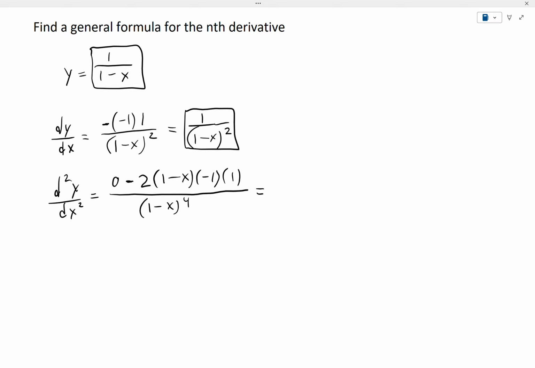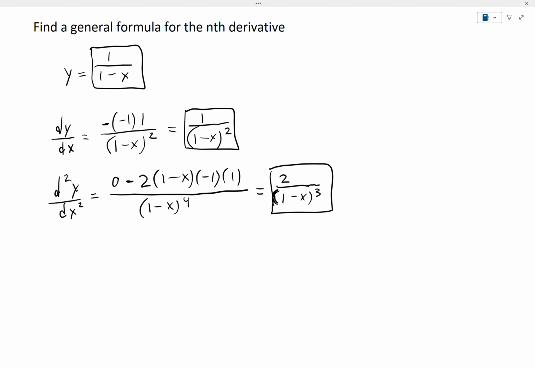And this simplifies to 2 times (1 minus x) all over (1 minus x) to the 4th. So that's just 2 all over (1 minus x) to the 3rd power. So that's what we get.